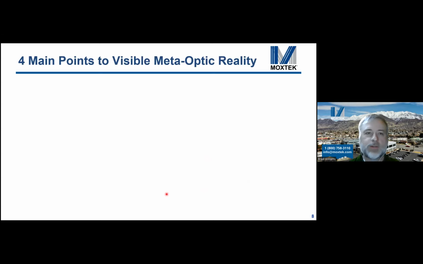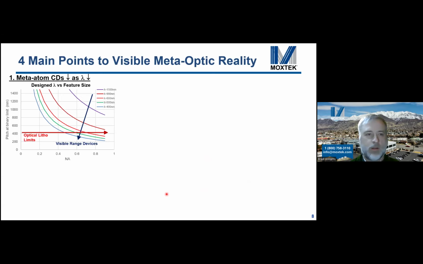Here are four main points in making a visible meta optic. Like I was mentioning, you need smaller dimensions to make the visible range. This is a graph of the pitch at the binary limit of these meta optics, the pitches of your meta atoms to get the NAs you need.